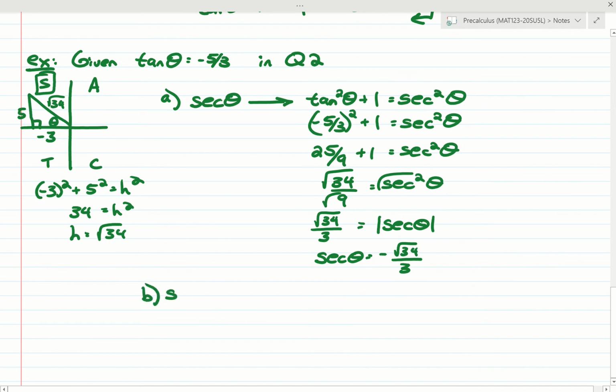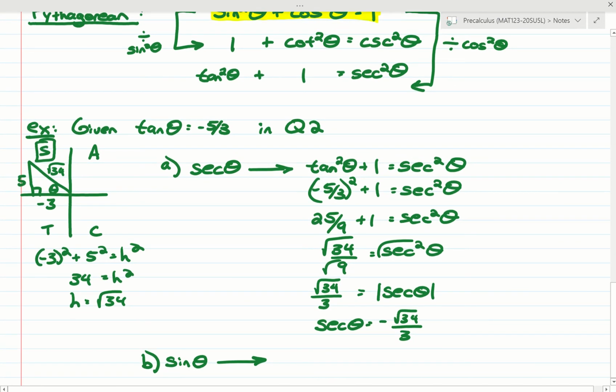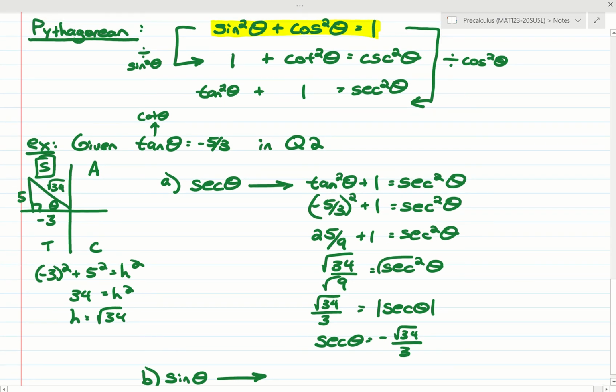What about if I asked you to find the sine of theta? Okay, well, we know what tangent is, and tangent we could easily convert to cotangent. So do we have any property, I'll zoom up a little bit here, scroll up, that uses tangent or cotangent and sine or cosecant?